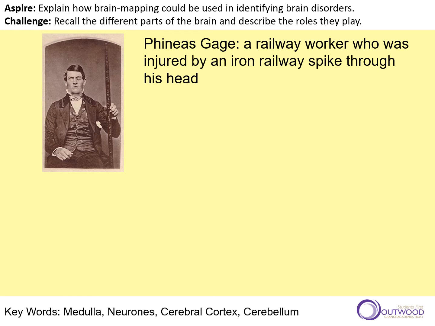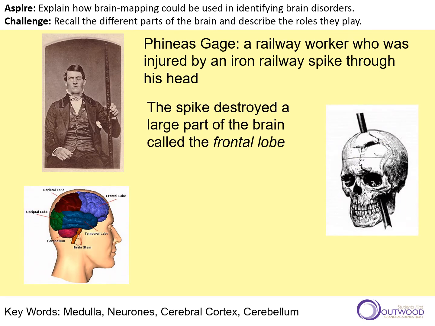He's interesting because he was a railway worker, working on an iron railway, and unfortunately for him, he got a spike through his head. He looks quite smart there, but he got a spike through his head.